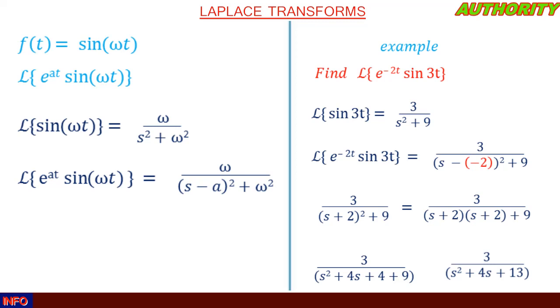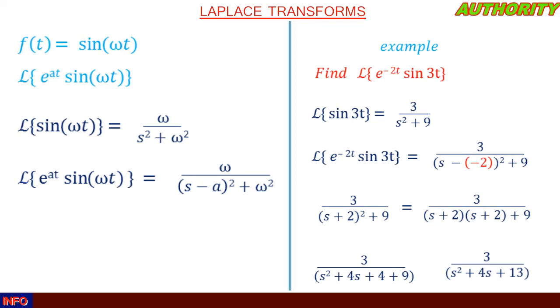So therefore, the Laplace transform of e raised to the power of minus 2t sine 3t gives us what? 3 all over s squared plus 4s plus 13. I told you earlier, this form is very important when you are solving the inverse of a Laplace transform. Okay, good. Now let's go.